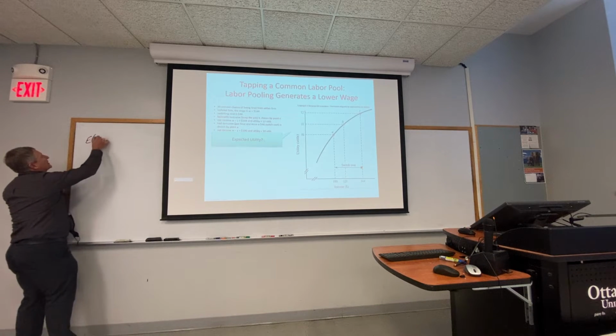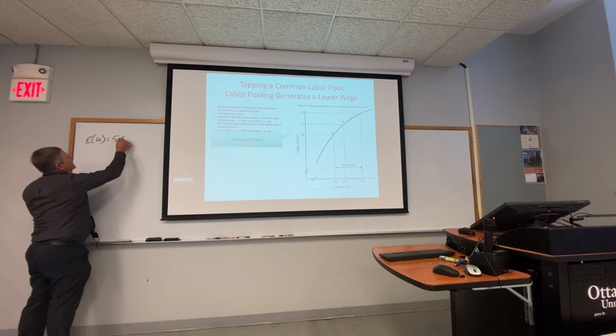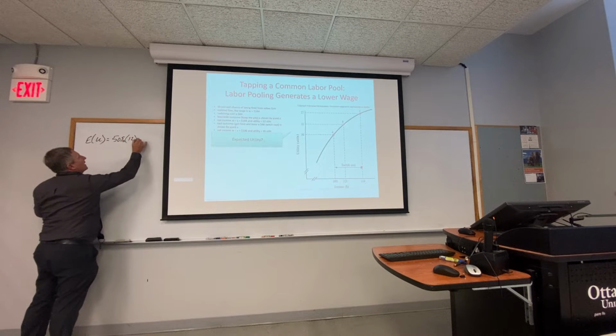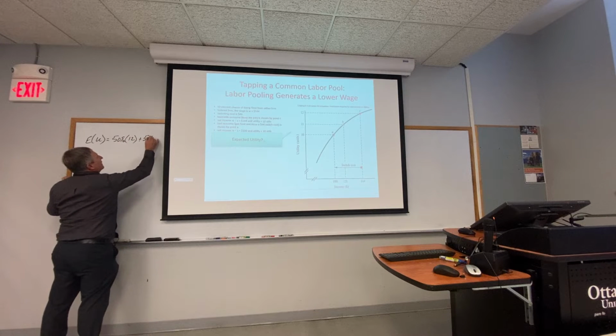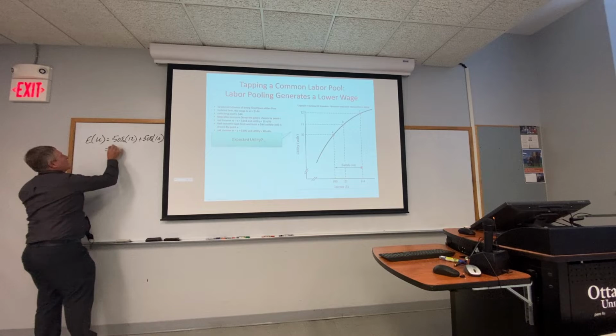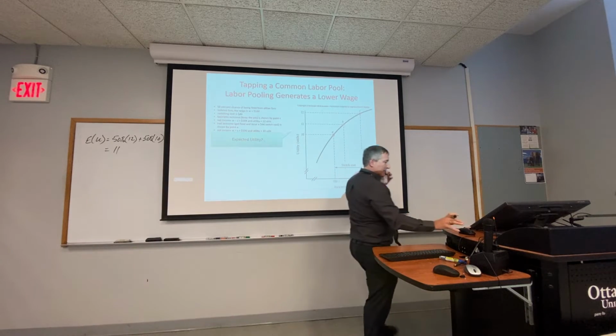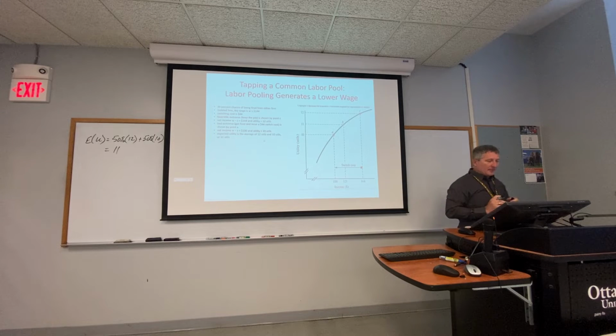The expected utility equals, you got a 50% chance of getting how much? 12, and a 50% chance of getting 10. Expected utility of 11. Okay, so 50-50 shot, we got expected utility of 11. All right, cool.